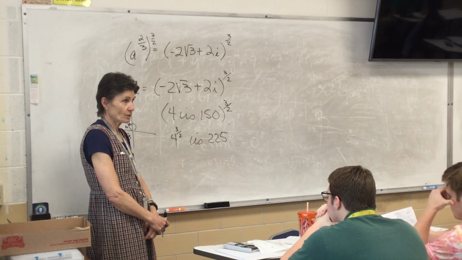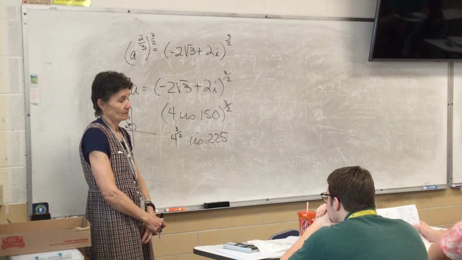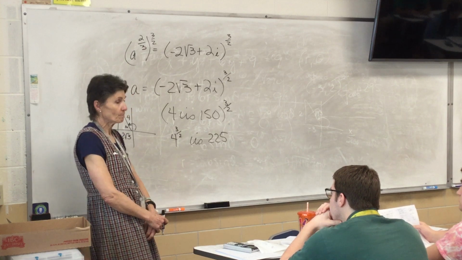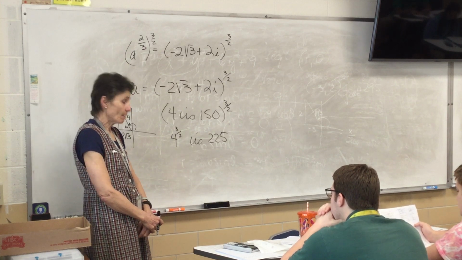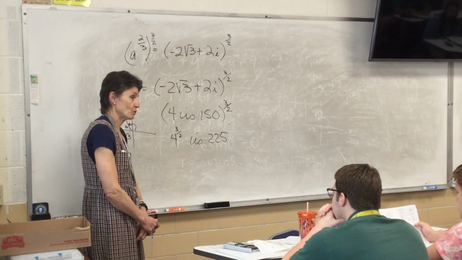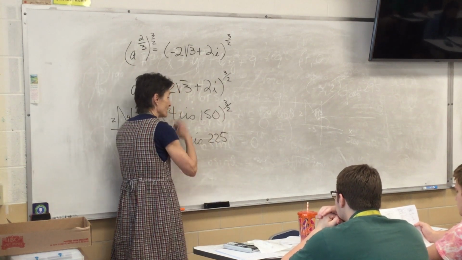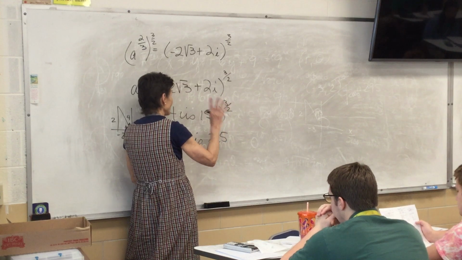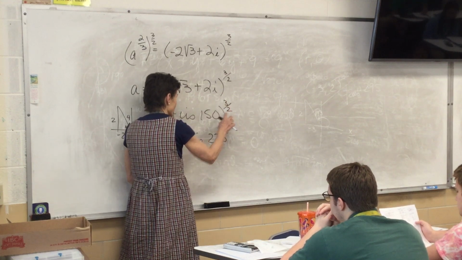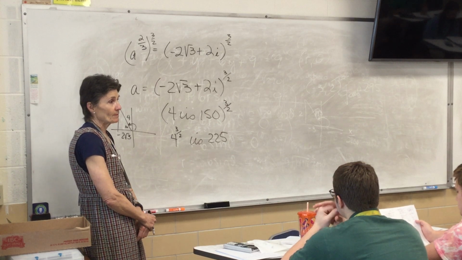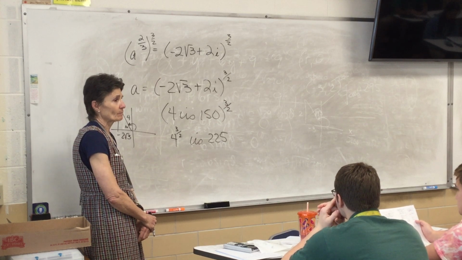Now, how many answers should I have? 2. Remember, rooting gives you multiple answers, and the number of answers you have is whatever root you're taking. So the 3 isn't involved in that. I mean, obviously it's involved in the answer, but the number of answers is right there. That's 2.